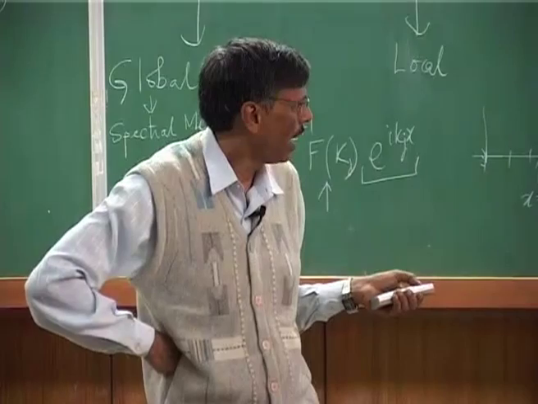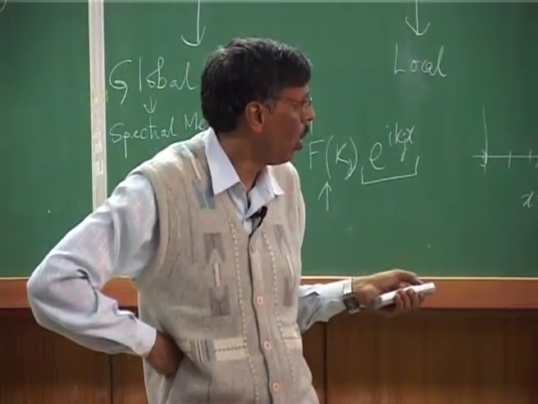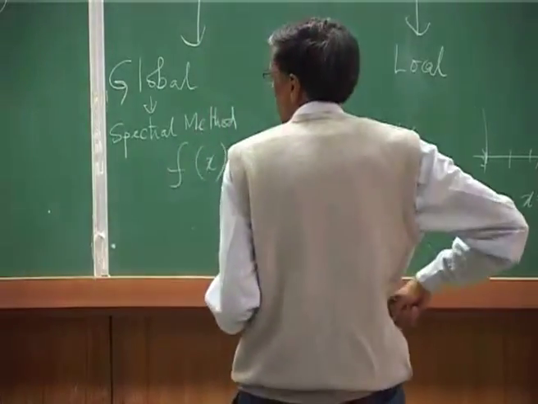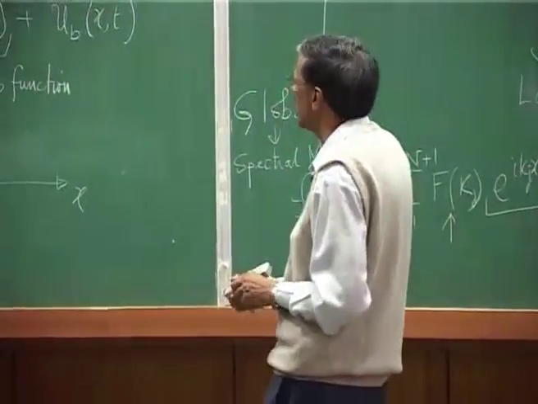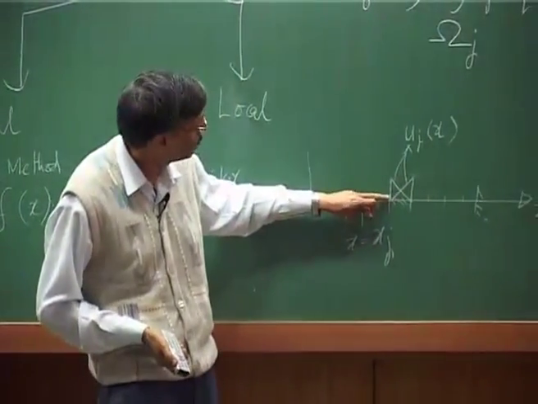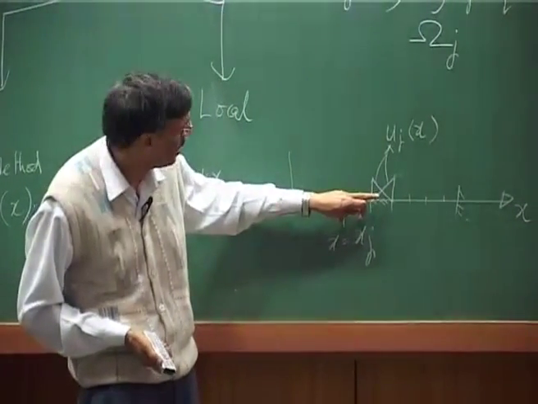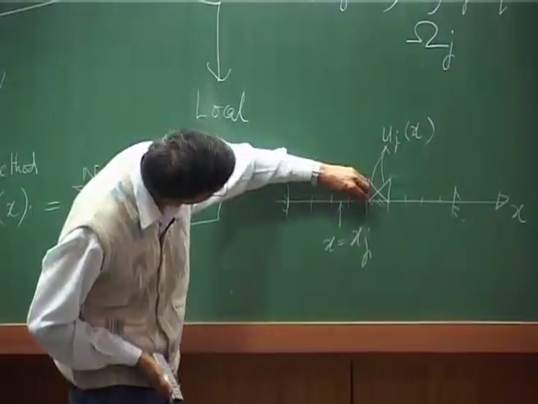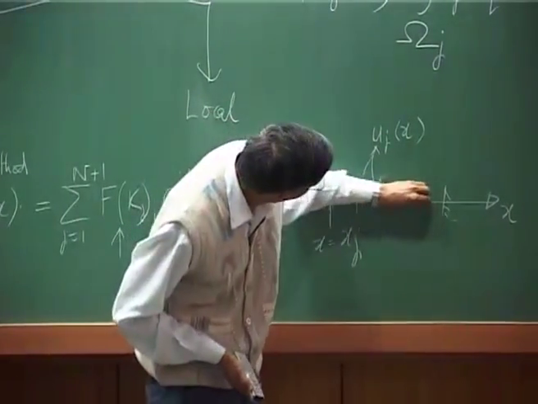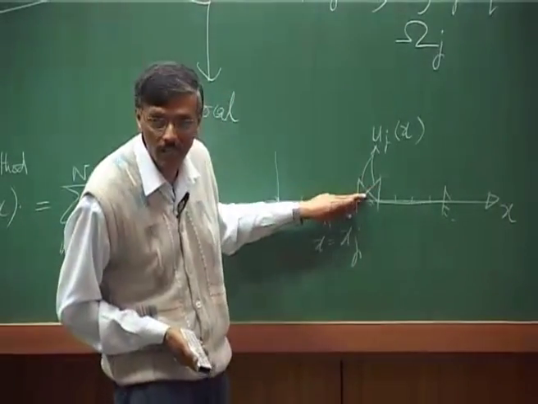So uj's are the values of the solution at the nodes, and these are usually low order approximating functions which have a restricted footprint. What do you mean by restricted footprint? See, if I define a local expansion phi j of E like this, it means it is 0 outside this element on either side, and non-zero only inside.